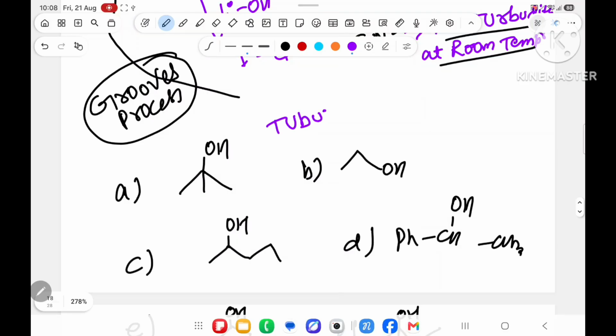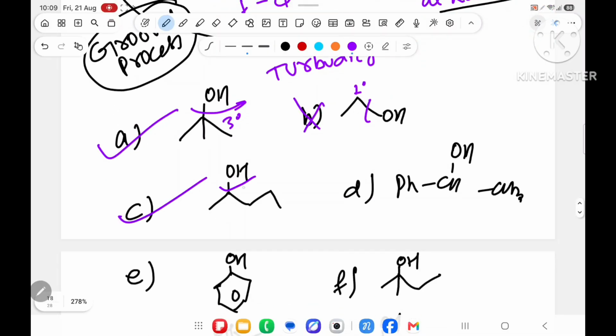Turbidity. So over here, yes, it will give, 3 degree. It will, 1 degree, not possible. This, 2 degree, will give turbidity. So 1 will give, 2 will give.